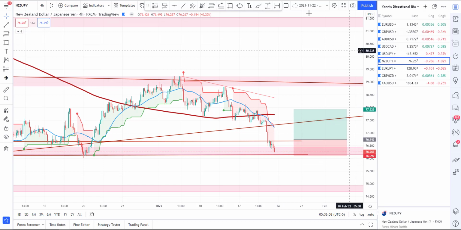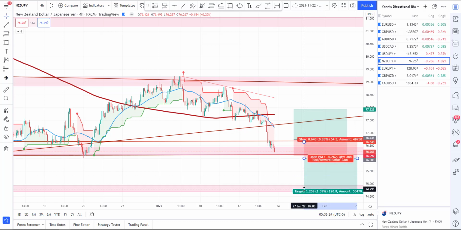Now for scenario number two, if I'm seeing the close that I want below that level, coming back up to retest it and then entering short with a bearish candle, then I would be short from here, and my next target would initially be the 74.80 area, and my stop in that case would be immediately above that line here, which would give me again a good risk to reward ratio over 1.5, around 180, 185.